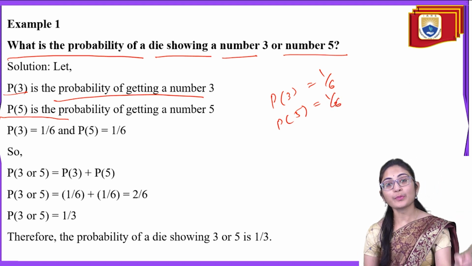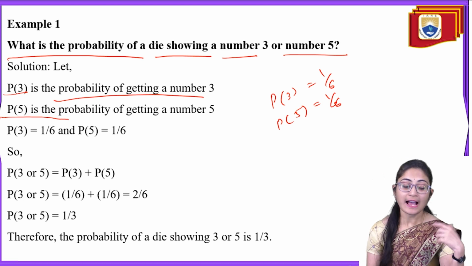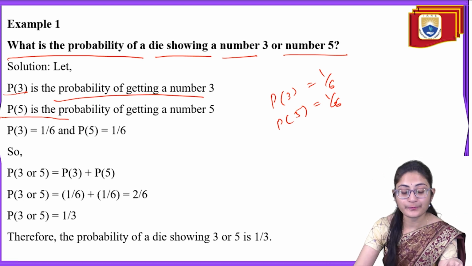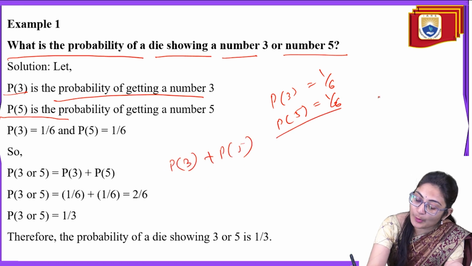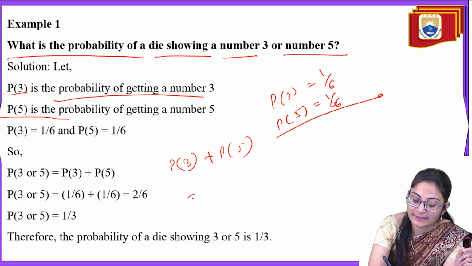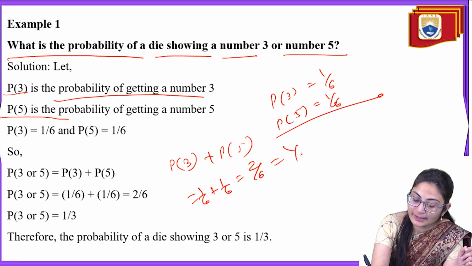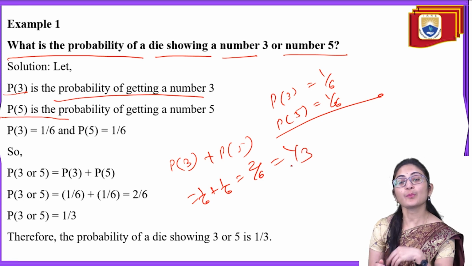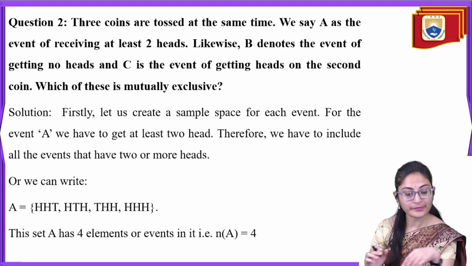So probability of 3 or 5, that means either 3 or 5, is probability of 3 plus probability of 5, that is 1 by 6 plus 1 by 6, 2 by 6, which is 1 by 3. Probability of a die showing 3 or 5 is 1 by 3.